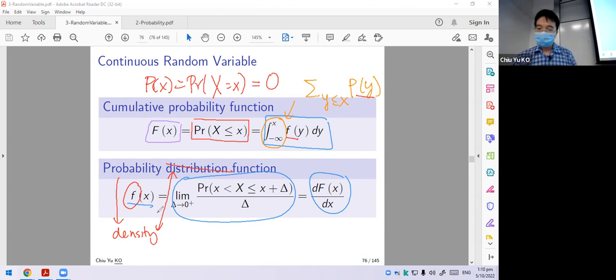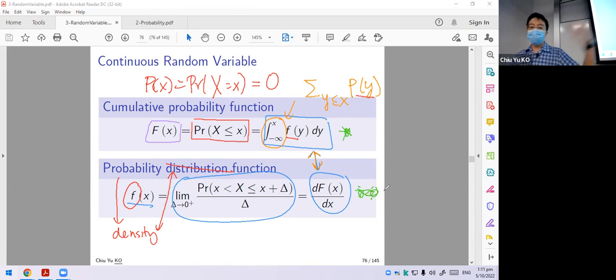But here is why you have this thing here. If you learned advanced math, then you will know that integration and differentiation are just reverse operations, like addition and subtraction, or multiplication and division. That's what we call the fundamental theorem of calculus.